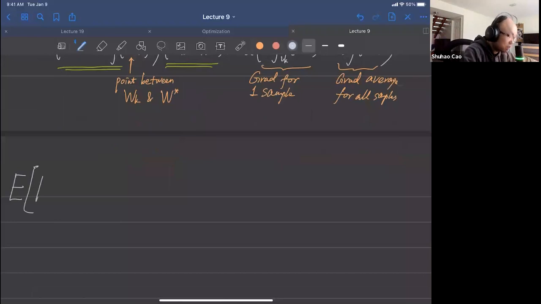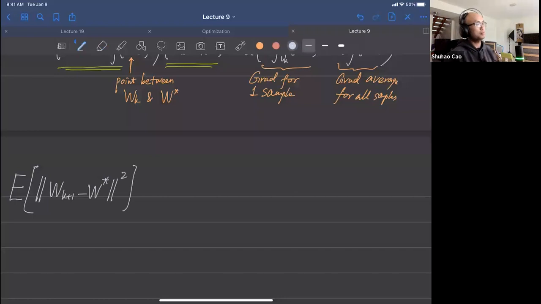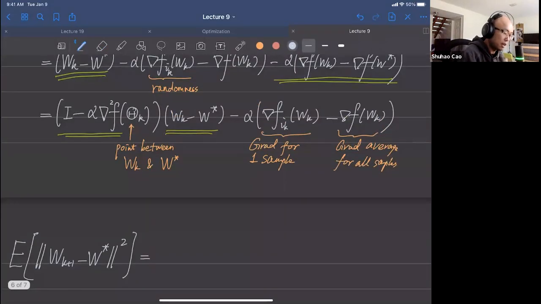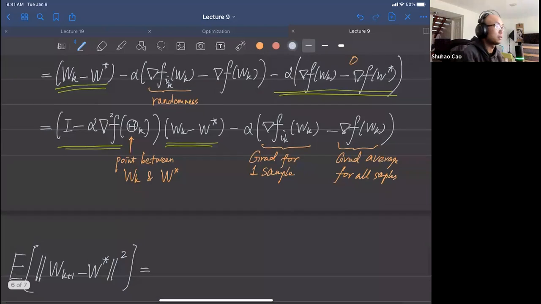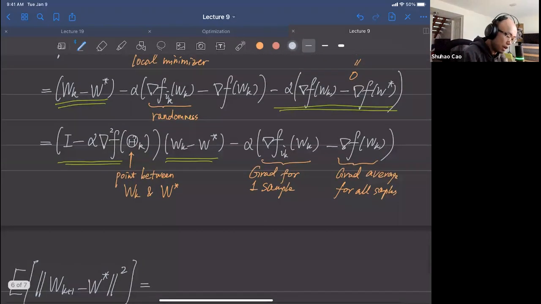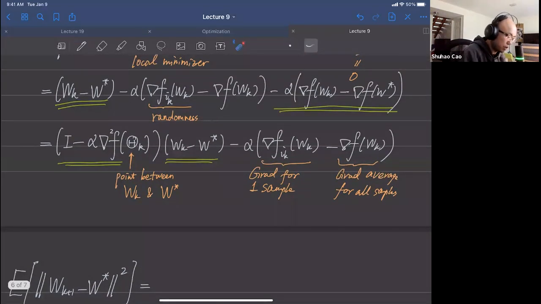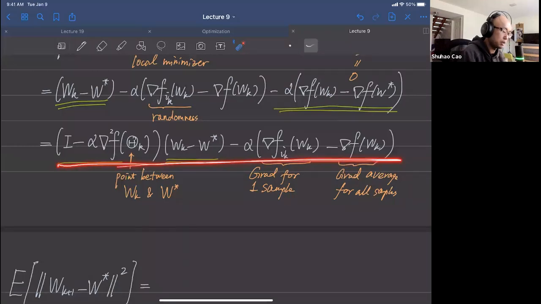So the expectations of, let me still use W. And we plug this in our error equation. All right, so in our error equation, we have two terms, right?